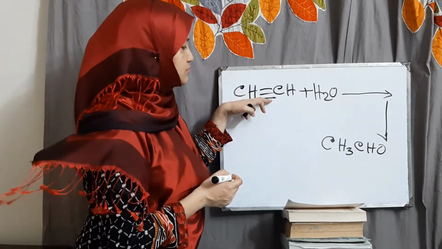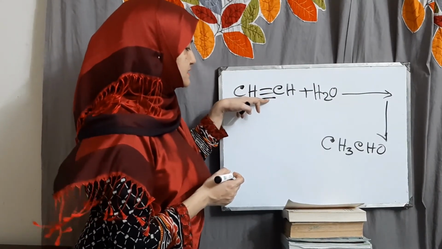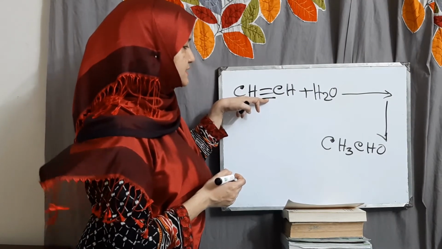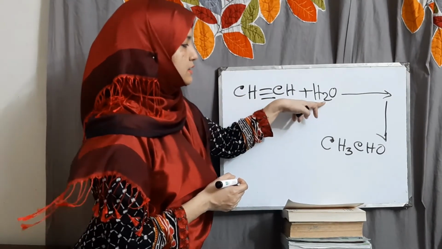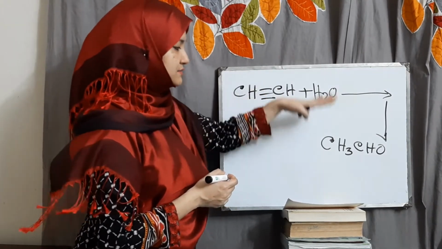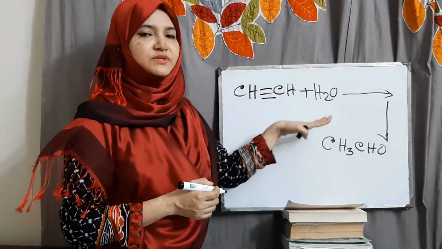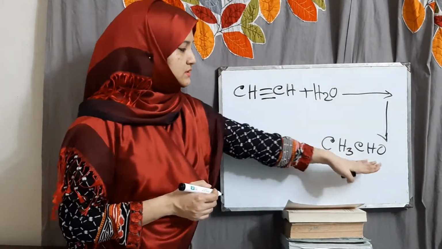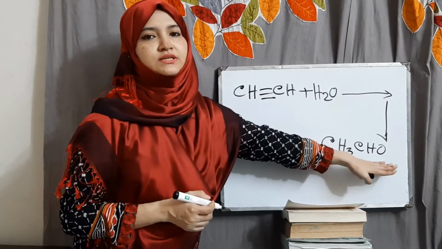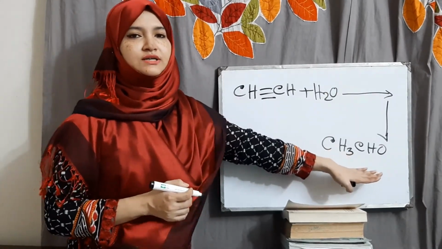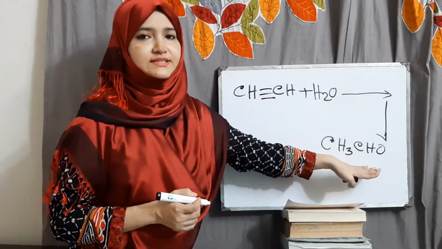Actually, one pi bond is broken by the water molecule and added, and after that a special rearrangement reaction occurs and we get the final product ethanal, or acetaldehyde.